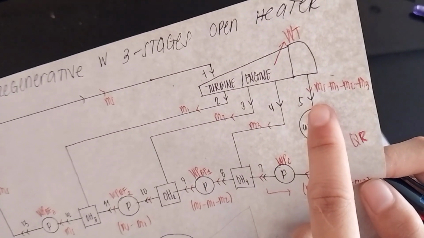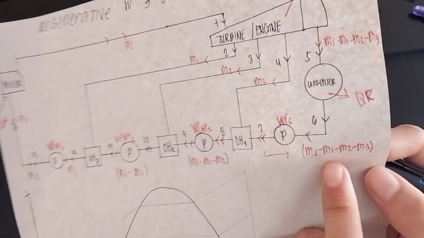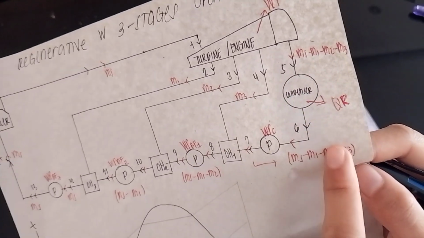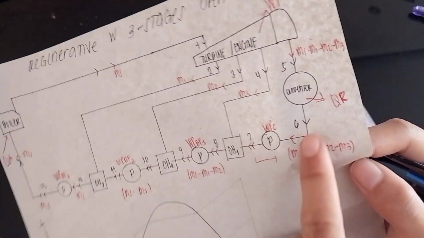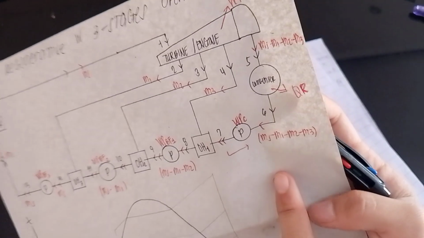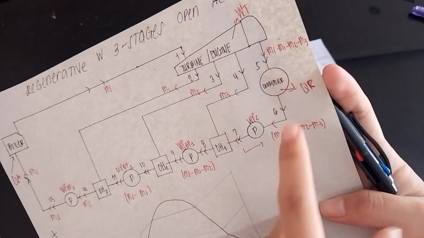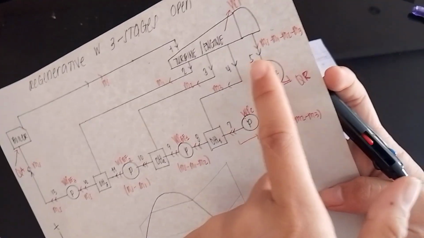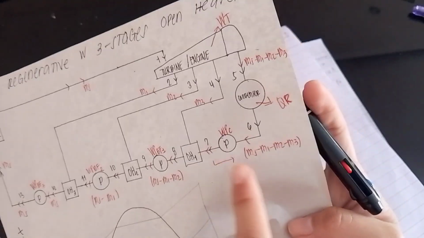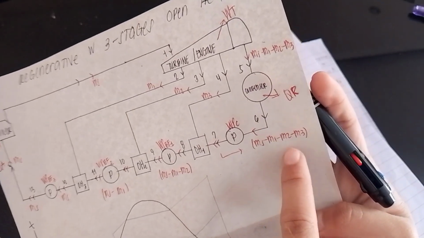Here sa state 5. Pag-abot na to diri sa condenser is the same ra gyapon ang iyang mass kay wala man siya nagkasugat nga laing mass. Wala siya nagka-mix og laing mass. So, here at points 5, 6, and 7, we have the same mass, which is MS minus M1 minus M2 minus M3.